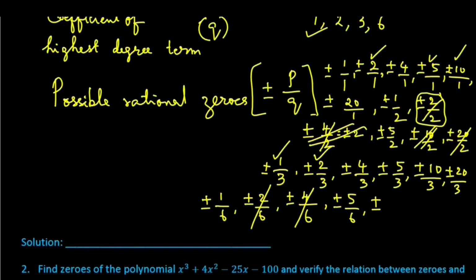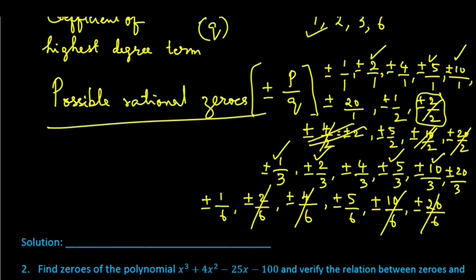Then plus or minus 10 by 6. This is 5 by 3, already covered here. Then plus or minus 20 by 6. This becomes 10 by 3, already covered here. So we have obtained all the possible rational zeros.